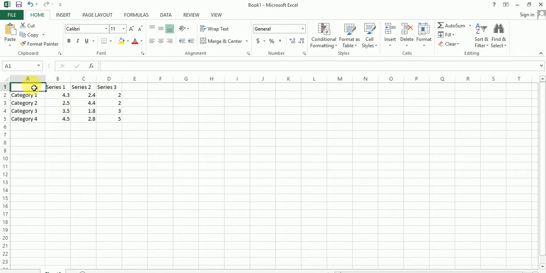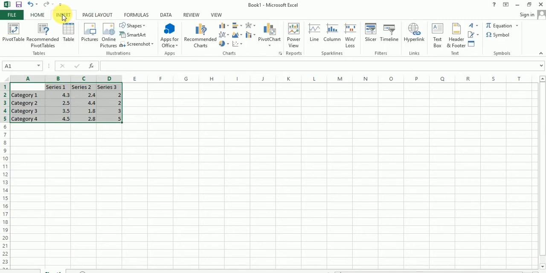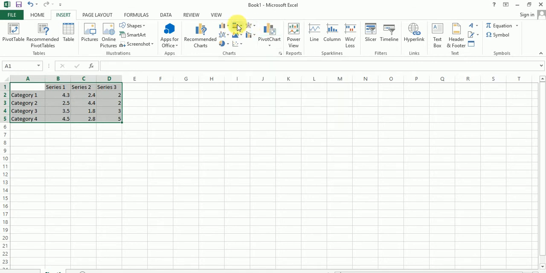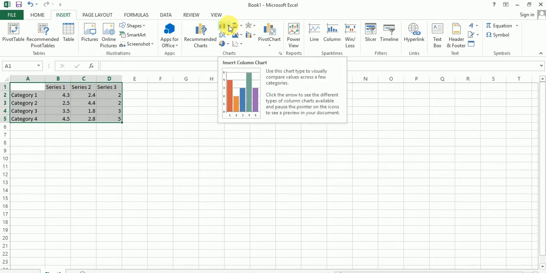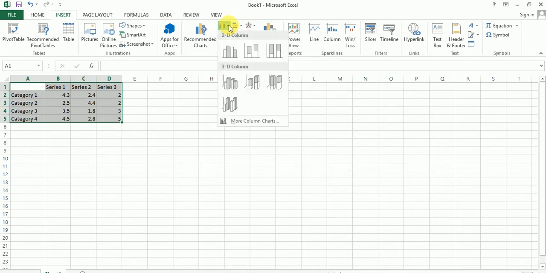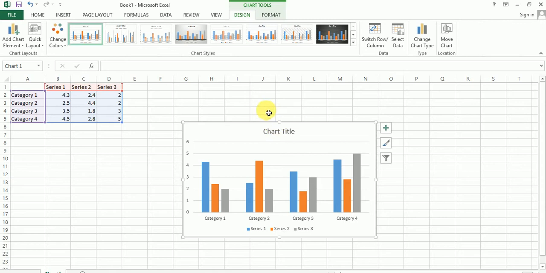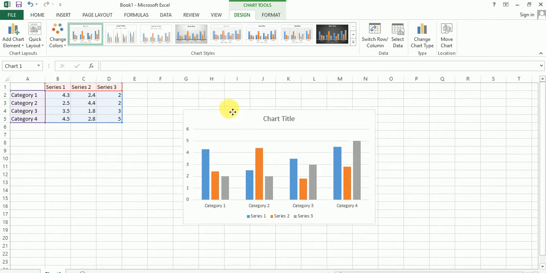Now you select the column and row, click the insert button and insert chart. I can use a column chart. So the column chart is already inserted.